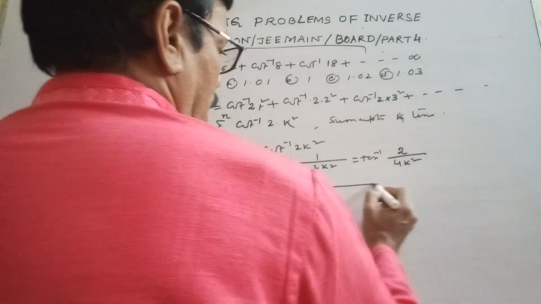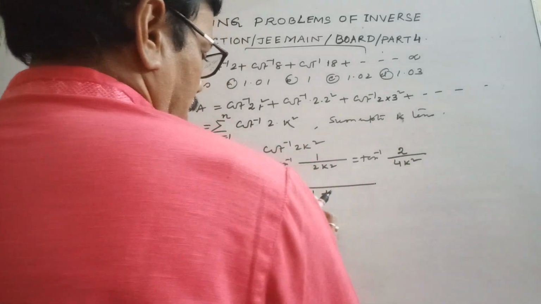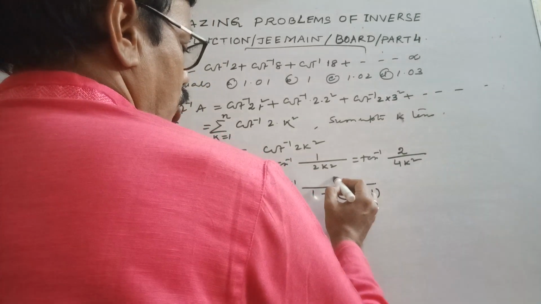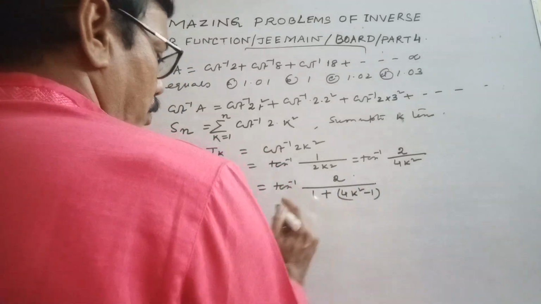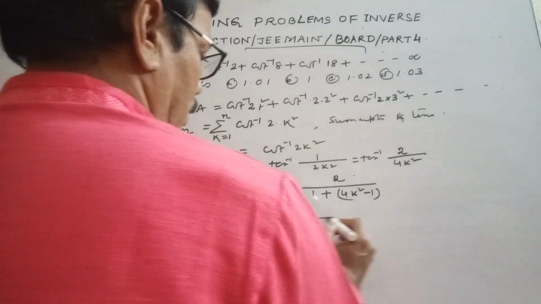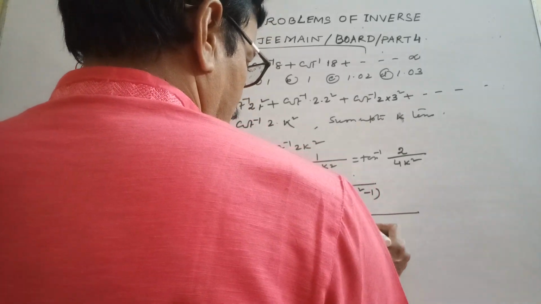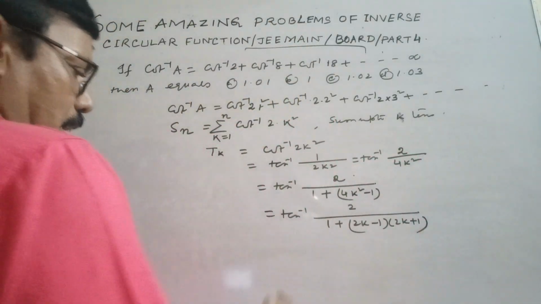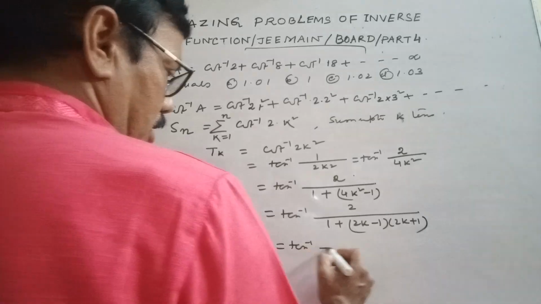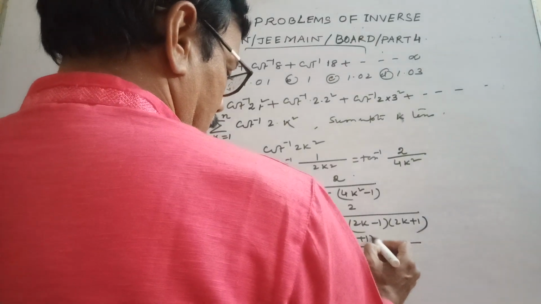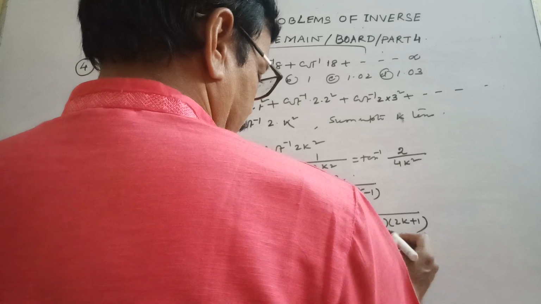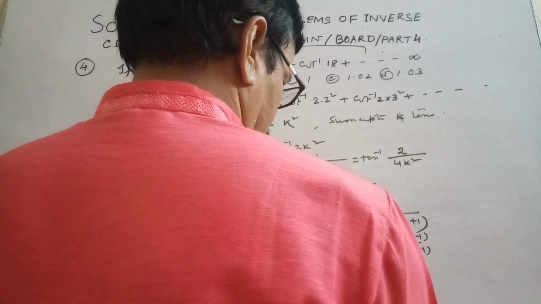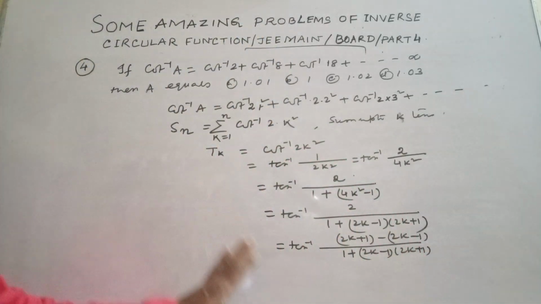So look, in case of tan, you know there is a 1 plus (4k square minus 1), and this is 2. So tan inverse of (2k plus 1 minus 2k minus 1) by (1 plus (2k minus 1)(2k plus 1)). So this step is to be noted.